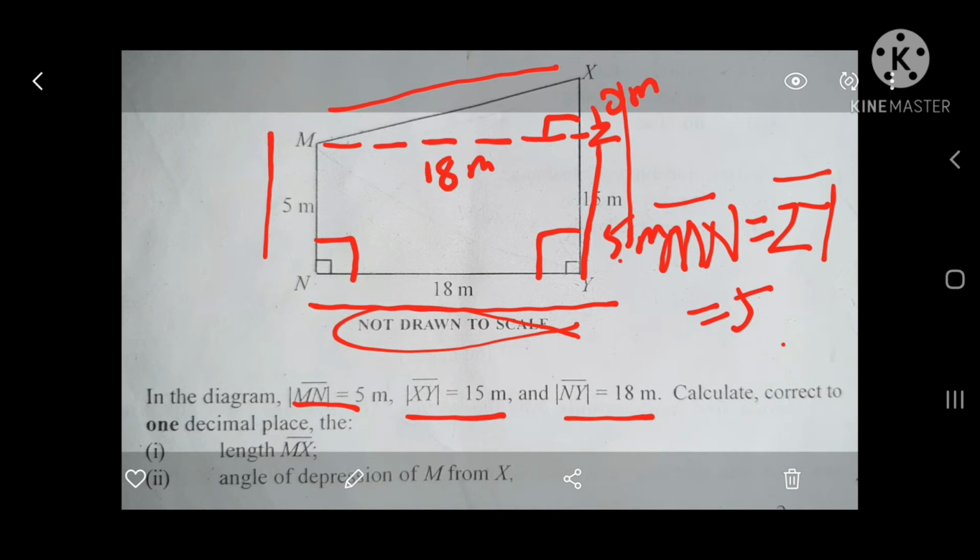That means for this we can use Pythagoras theorem to solve for our line MX.